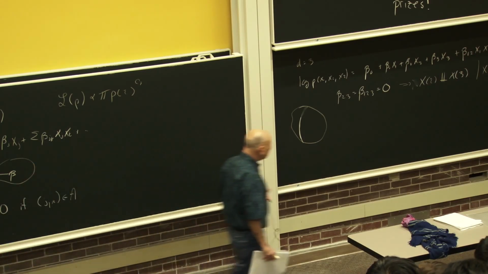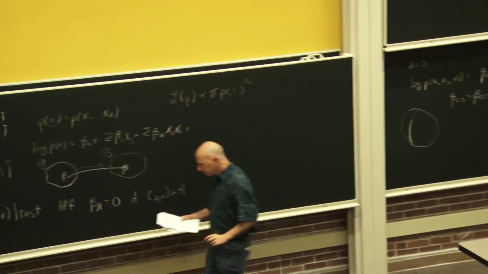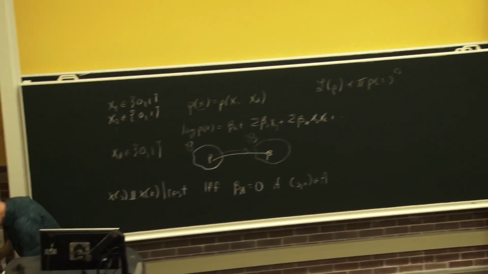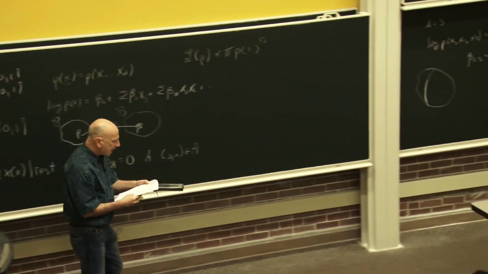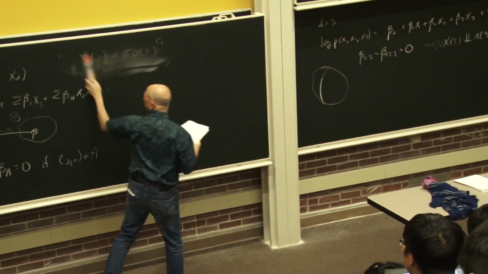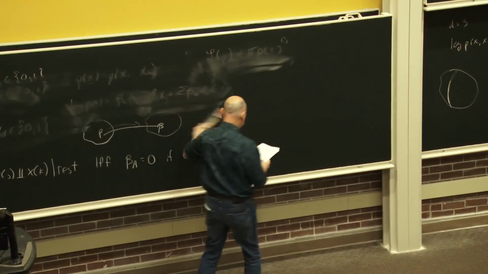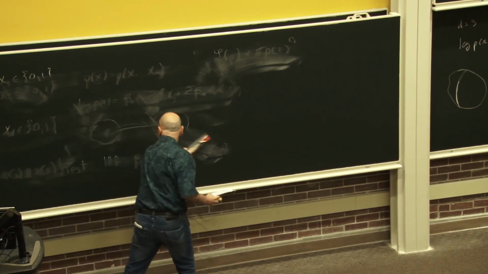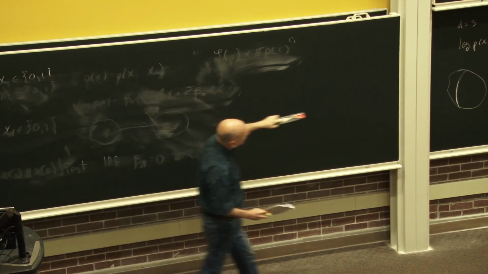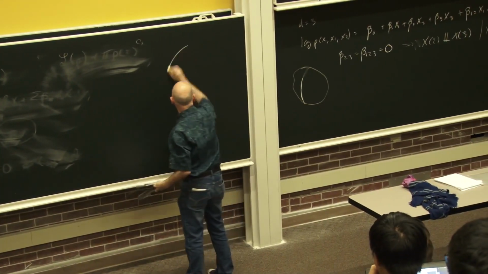So that brings me to the next thing, which is a hierarchical model. And if it's not hierarchical, by the way, it can't be graphical. So that's why I drew it.